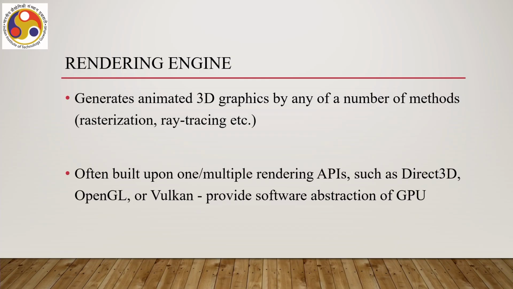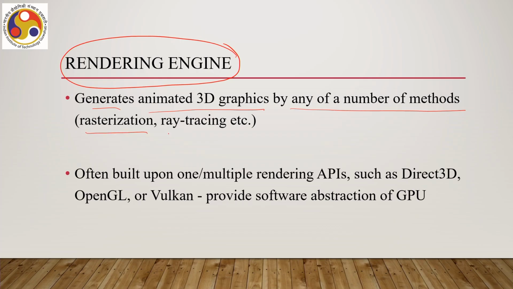Say for example, when we are talking of rendering engine, what this engine is supposed to do? It is supposed to help generate animated 3D graphics by any of a number of methods. So, there are different rendering techniques such as rasterization or ray tracing.